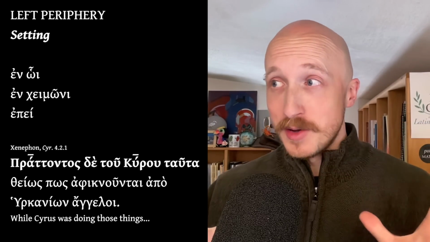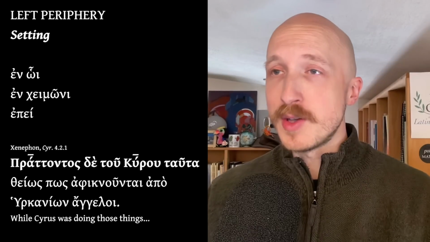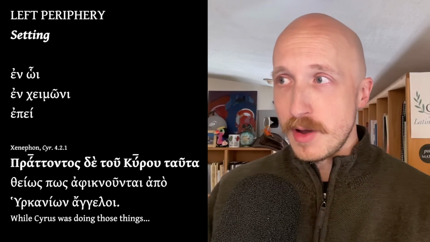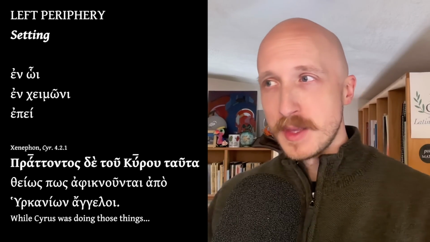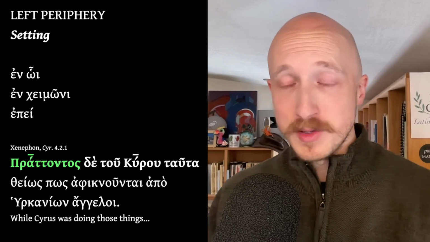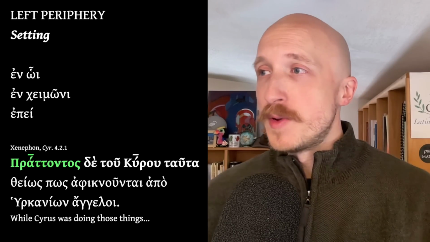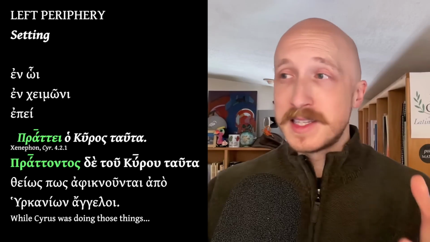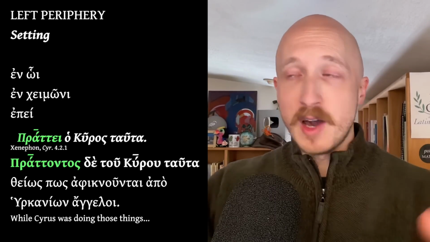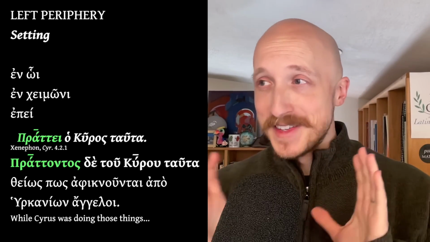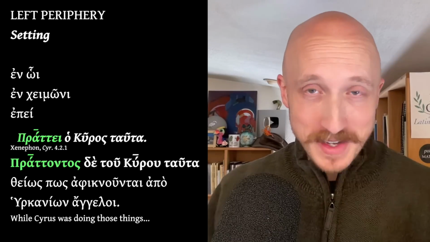Now, interestingly though, that whole setting there, that's its own phrase, its own clause, isn't it? Its own little sentence. And where's the verb? Prattontos. Rephrase, that could be something like prattei ho Kuros tauta. Verb, subject, and then the rest, the kind of object.